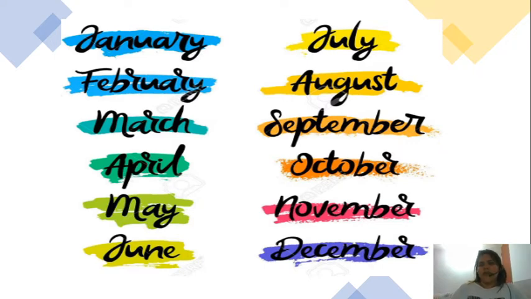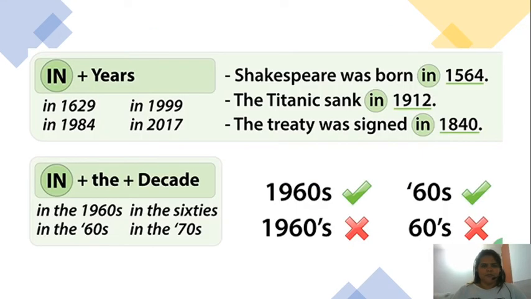Perfect. Hey, remember I told you in our virtual classroom we have a link to practice the months of the year, so I recommend that. It's going to be a song, so it's super funny.